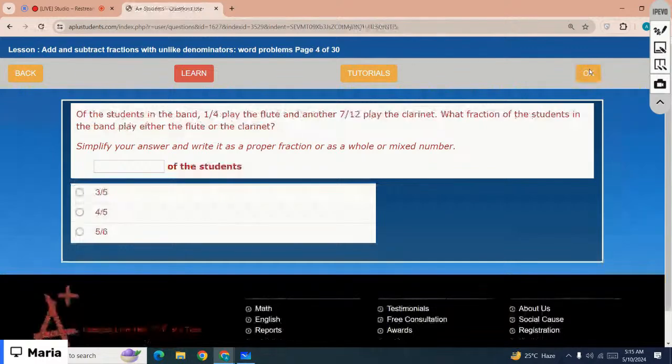Of the students in the band, 7/4 play the flute and another 7/12 play the clarinet. What fraction of the students in the band play either the flute or clarinet? So, which is the correct option?